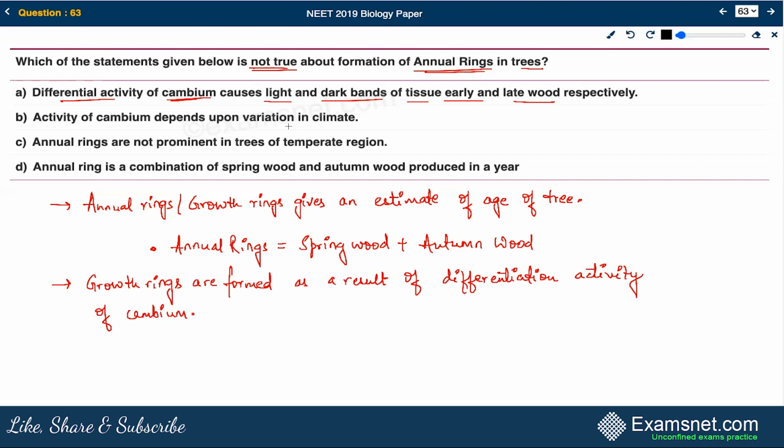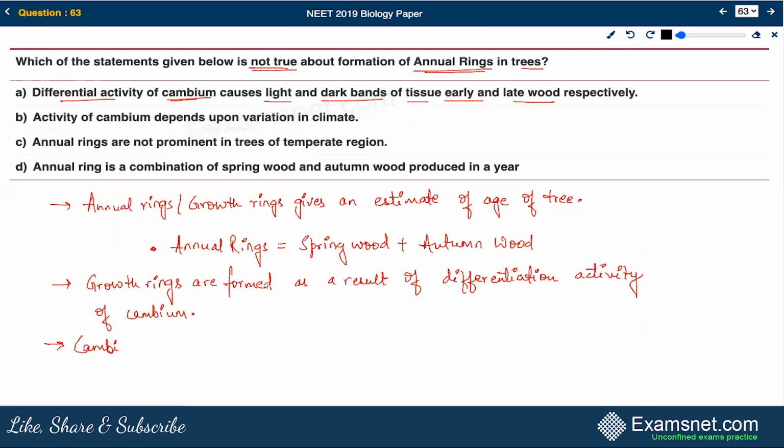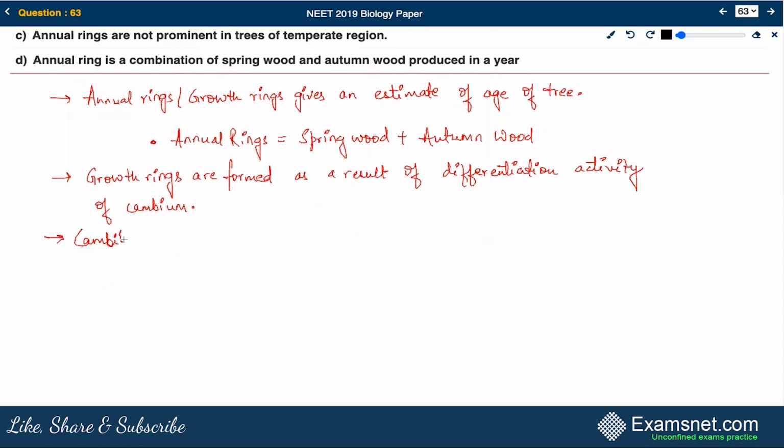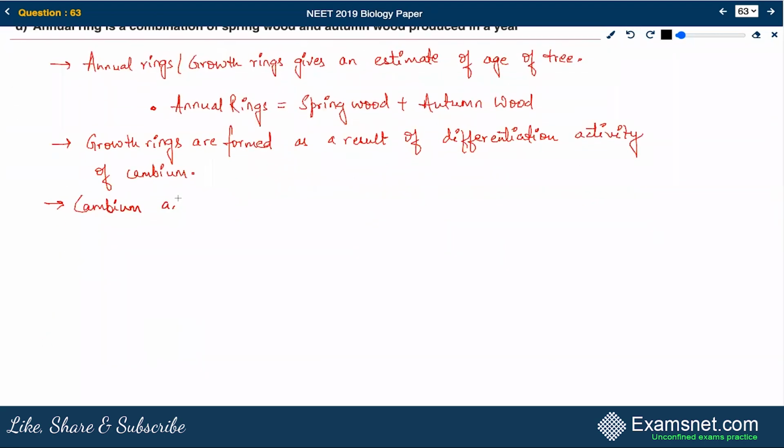So definitely this is a true statement. So we can say that cambium activity depends on climate.